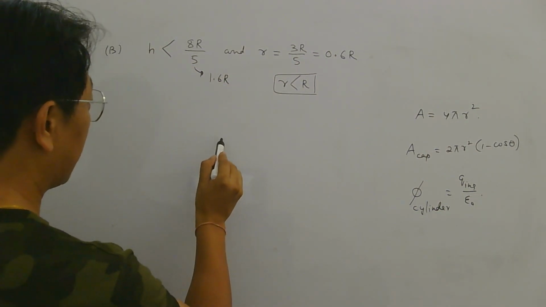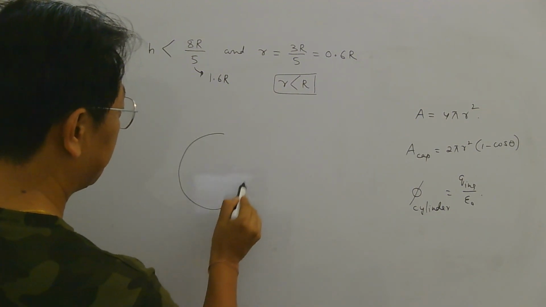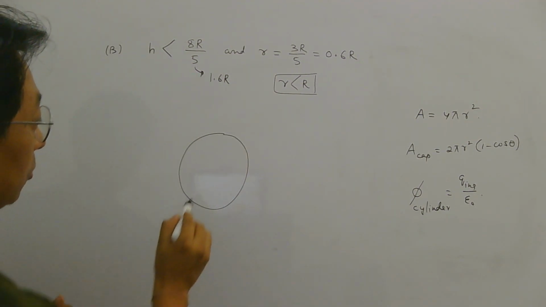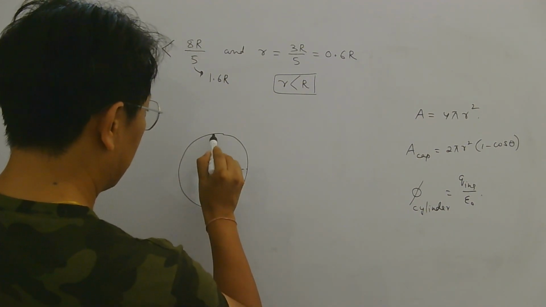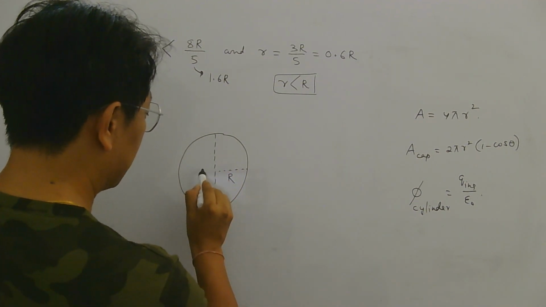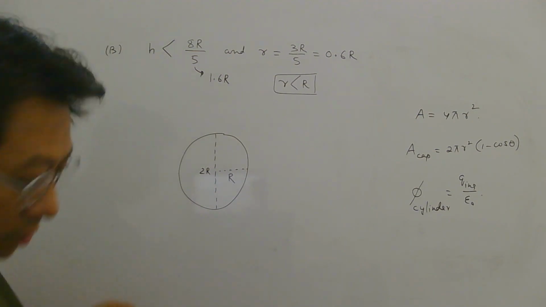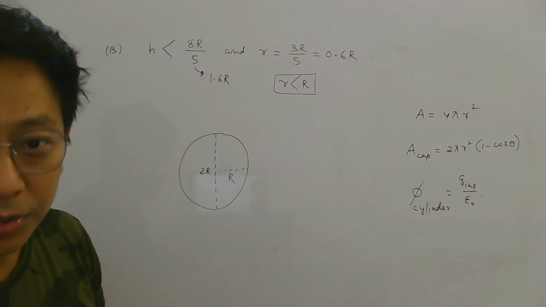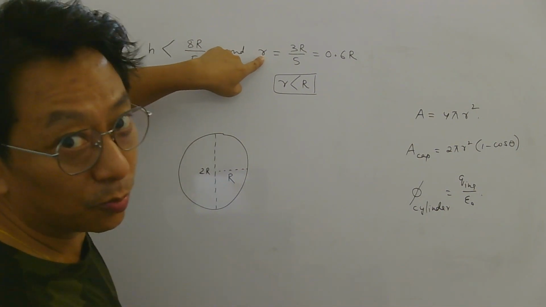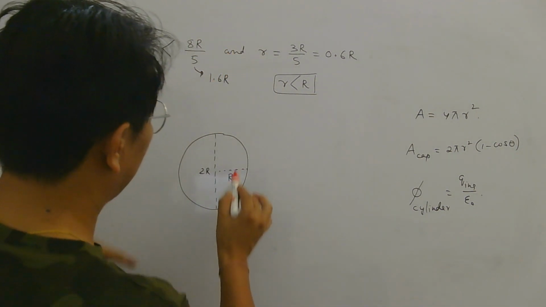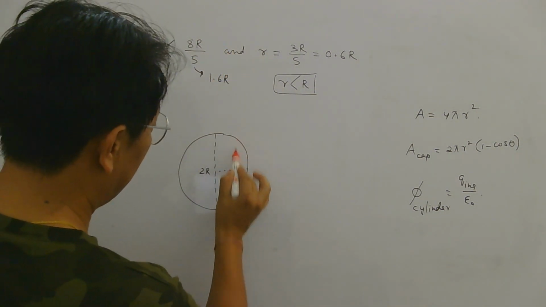So if this was your sphere, you know that this is the radius of the sphere, this is the diameter of the sphere. So this time, how should you draw the cylinder? Well, the radius of the cylinder, small r, is less than capital R. So it should be here, right?